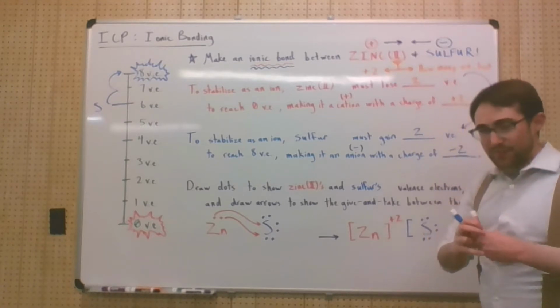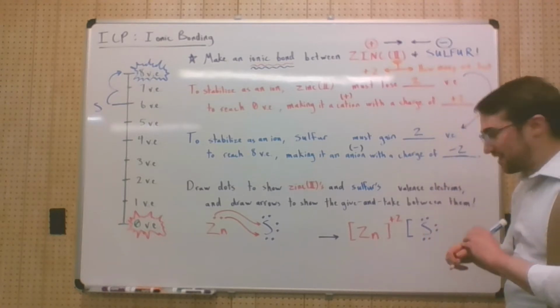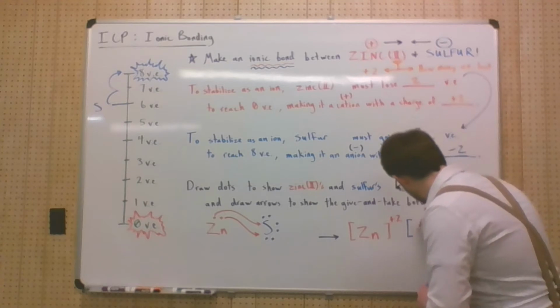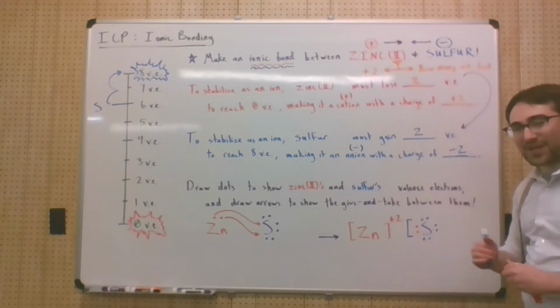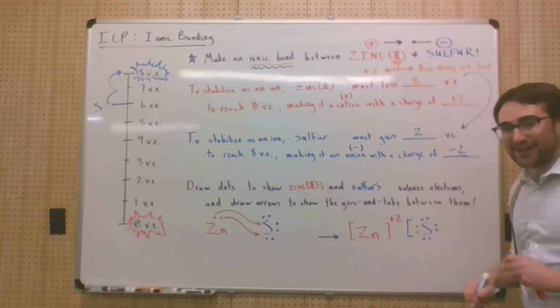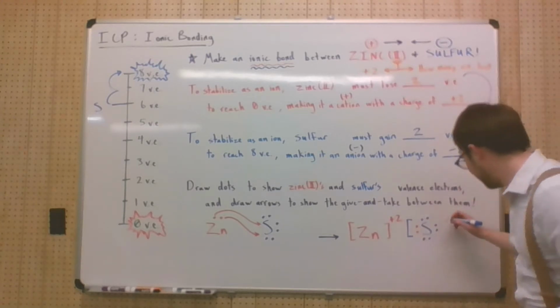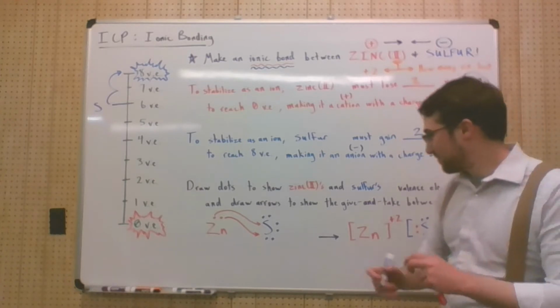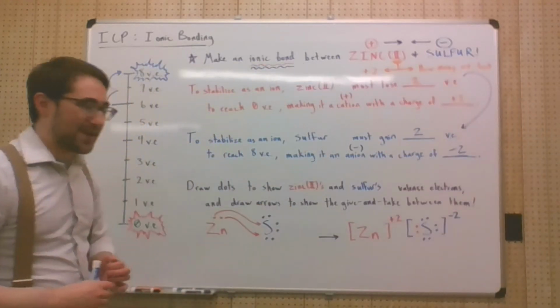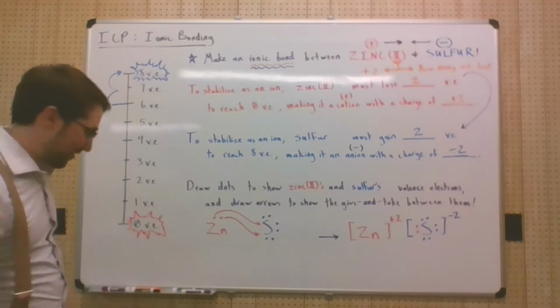It's 6 plus the 2 it just got from the zinc. Okay. Which helps it become that ion with a -2 charge. So we put that in the top right. So this is our ionic compound made of zinc and sulfur.